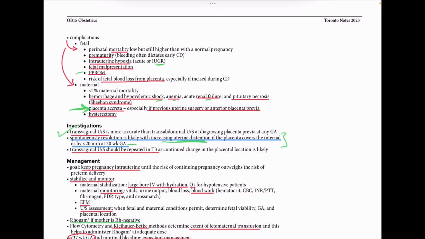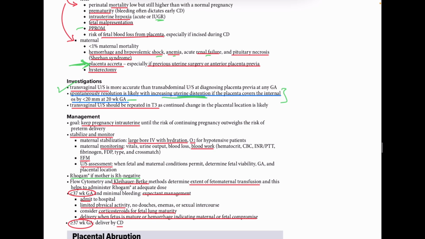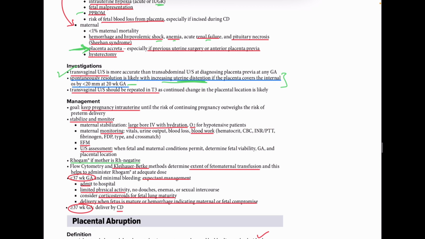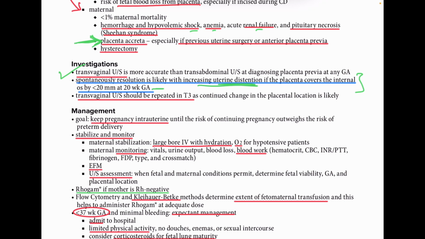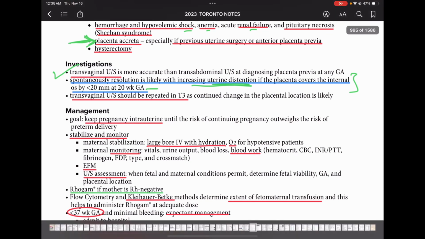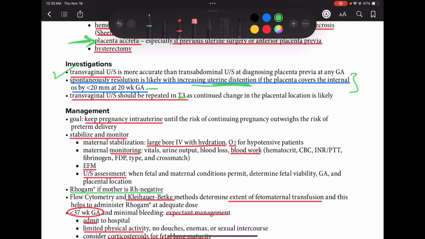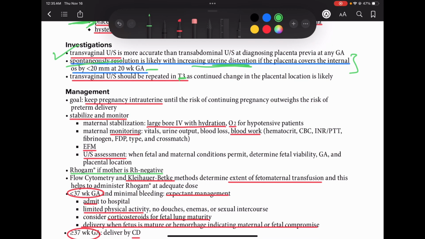So most of the ladies who have a low-lying placenta in their early trimesters do have some spontaneous resolution. Transvaginal ultrasound should be repeated in the third trimester to make sure whether it is still there or there was spontaneous resolution. How would you manage it?